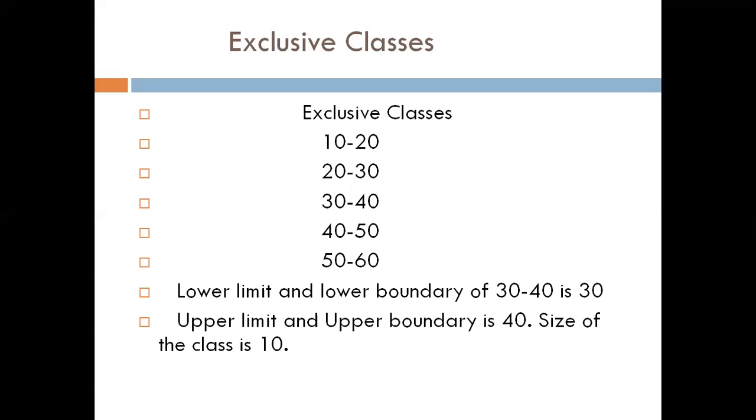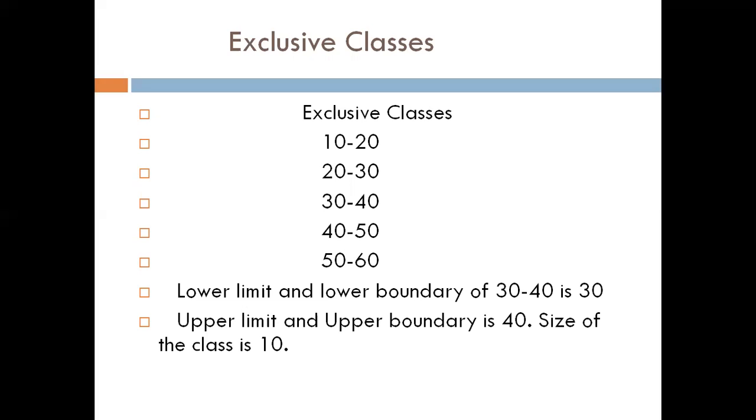In these exclusive classes, the lower limit and lower boundary are both the same. For example, the lower limit and lower boundary of 30 to 40 is 30, and the upper limit and upper boundary of the same class is 40. The size of the class is the gap between the lower limit and the upper limit.